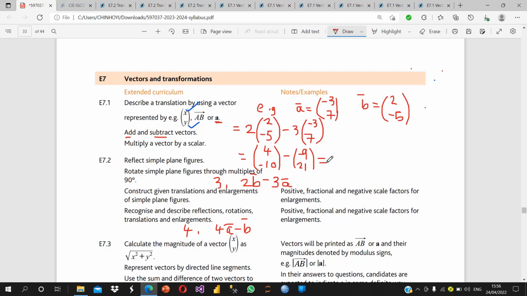So we are going to say 4 minus negative 9. We said negative and negative give you plus. So 4 plus 9, we are going to get 13. Then negative 10 minus 21. If you know your numbers correctly, what is negative 10 minus 21? You should get negative 31.